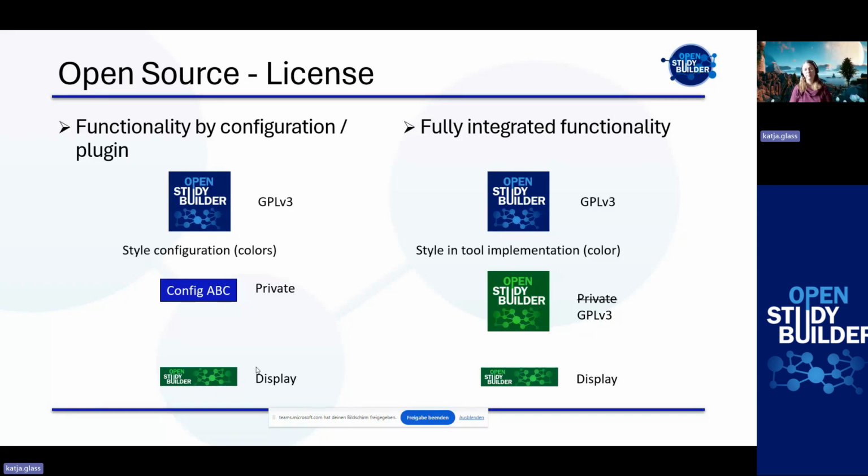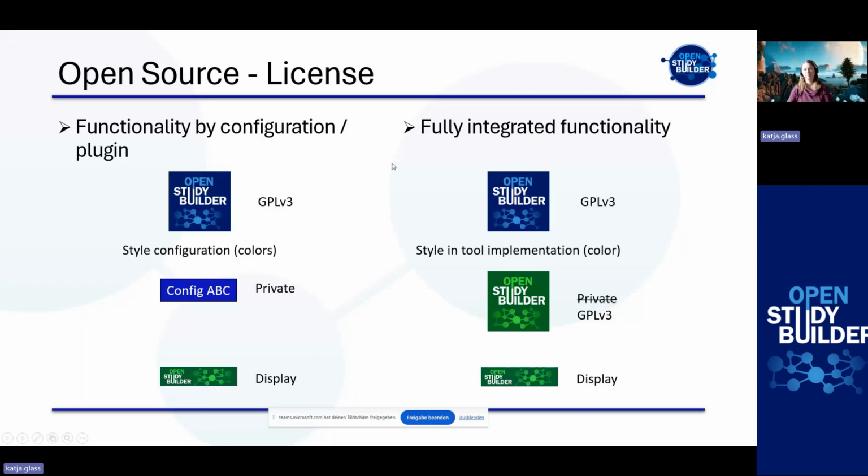If you would, for example, implement the style, so the colors, in your instance of the OpenStudyBuilder, you will have a GPL license, so it's still an open source tool. You don't have to share it on the internet, but you have to share it with your users, so it's a little bit more tricky and a little bit more open. But the result would be the same.